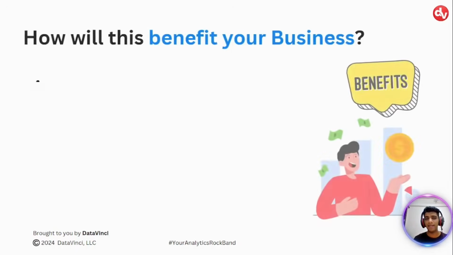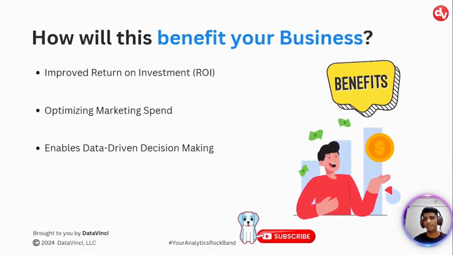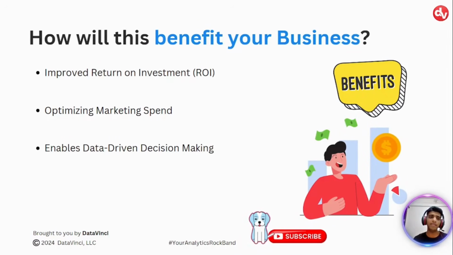But before we begin, let's understand how this will benefit your business. By solving the attribution issues, you would essentially be improving your return on investment, or you would be getting a truer picture of your ROAS. And once you do that, you would be able to optimize your marketing spend.